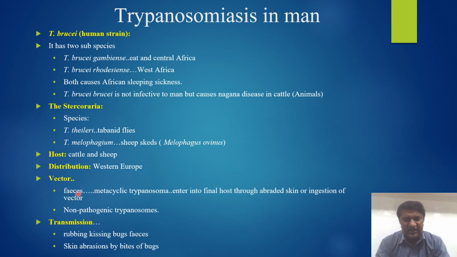In the case of the vector feces, the metacyclic trypanosoma enter the final host through abraded skin or ingestion of the vector, and these are non-pathogenic trypanosomes. The transmission is by rubbing in bug feces, kissing of bugs, and skin abrasion by biting of bugs.